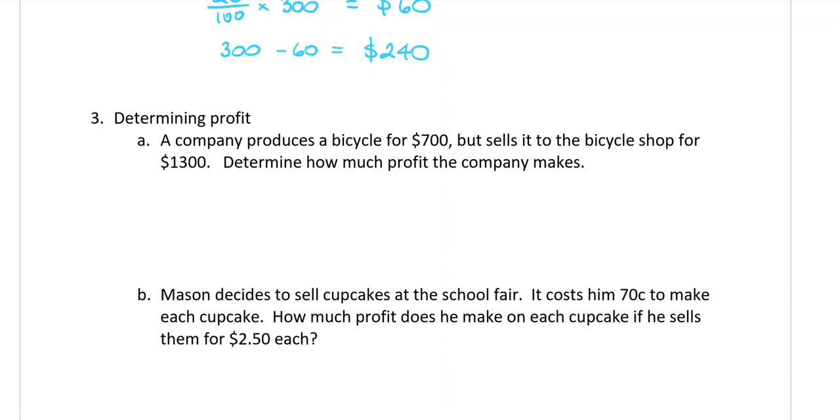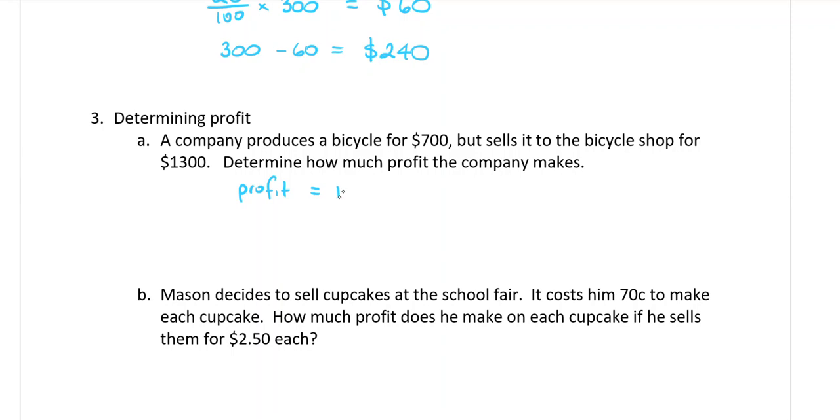So this is like finding the percentage increase and the percentage decrease that we were doing before. How much has the price of this bike gone up? Let's call it profit because that's what they called it in this question. Before we were calling it an increase, but this time it's a profit.